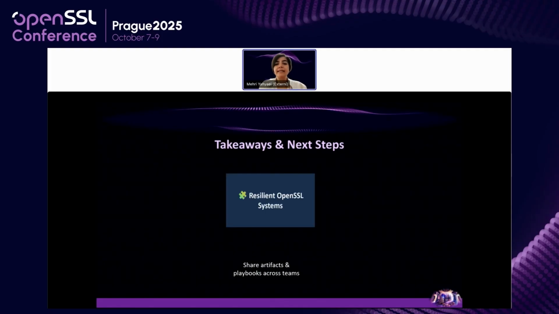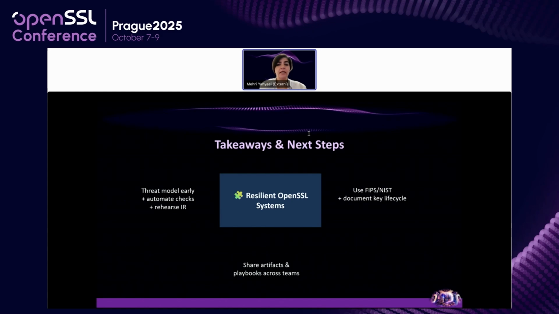What would be the next steps based on the discussion that we had till now? Let us summarize all the things that we reviewed. We need to threat model early, before doing anything else in the network or infrastructure.